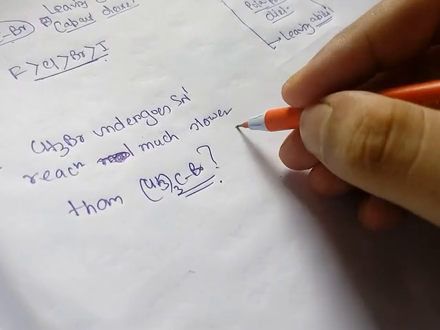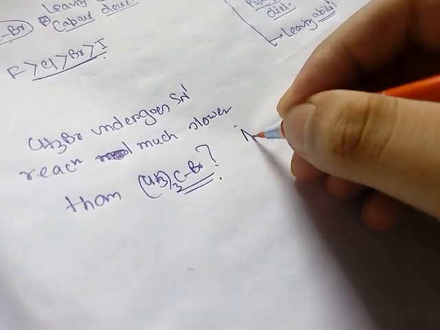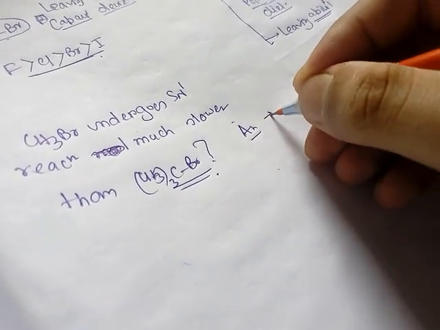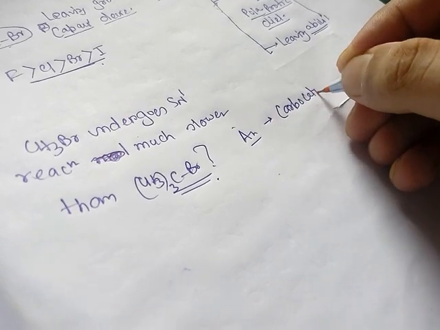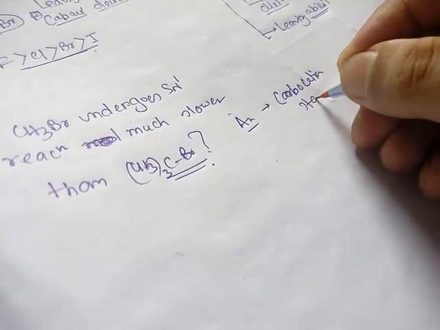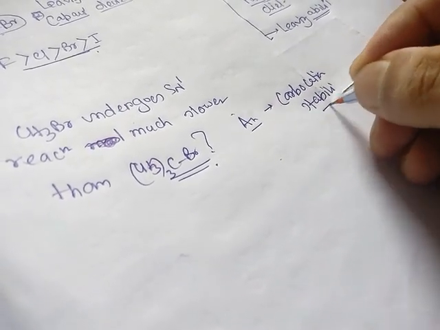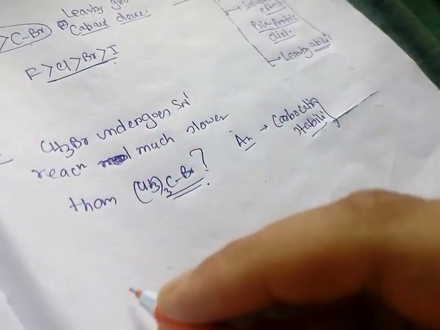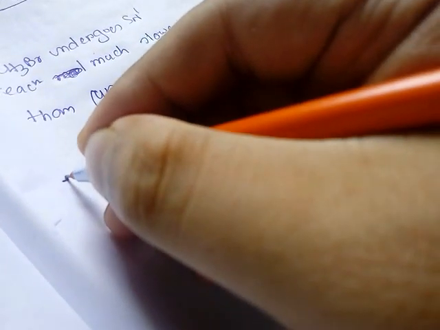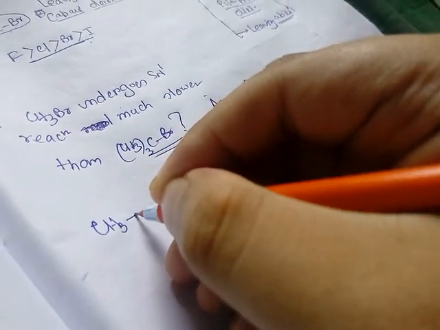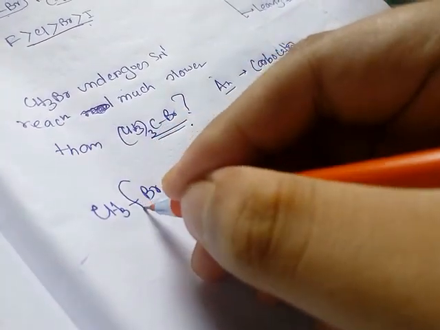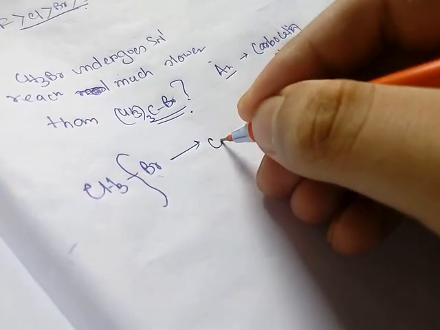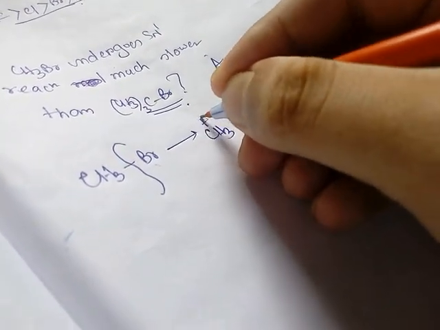Remember this, let's see the answer: the carbocation stability. The main hint is the carbocation stability. Now, if we undergo the SN1 reaction of CH3Br, in the first step the CBr bond is broken and it will form CH3 positive.